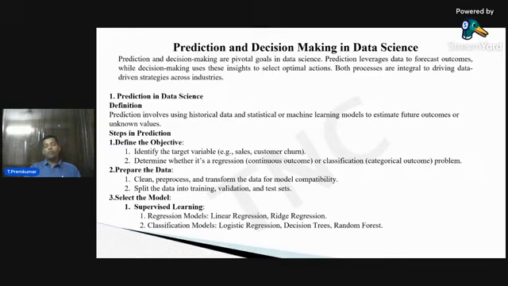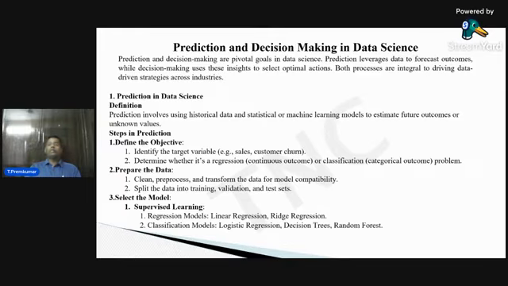The next topic we have is prediction and decision making in data science. When you talk about prediction and decision making, the pivotal goals of data science are to leverage data to forecast outcomes, while decision making uses these insights to select the optimal actions.